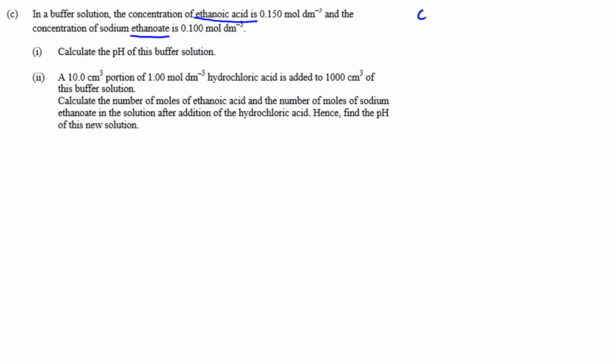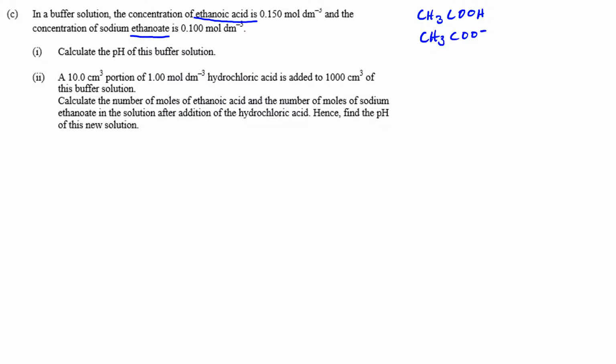Ethanoic acid, as you'll remember, CH3COOH. That's our ethanoic acid, and our ethanoate ion is just that minus the hydrogen. So there we are, because that's reacted and made water.